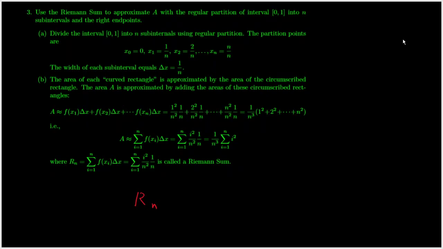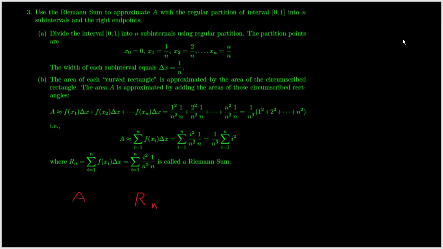Geometrically, the meaning of Rn is the sum of the areas of n rectangles. We can use this Rn to approximate A.